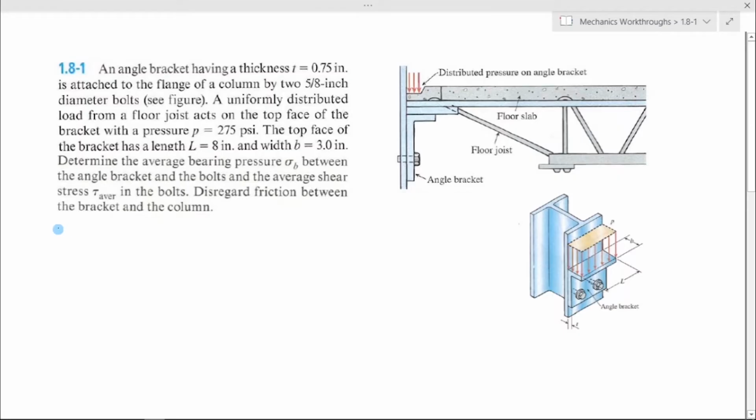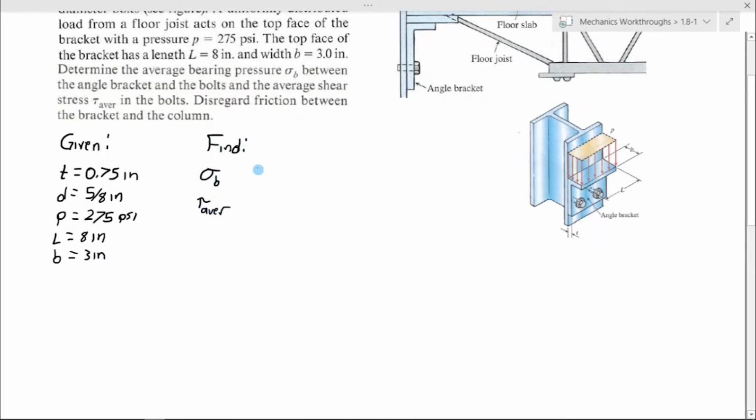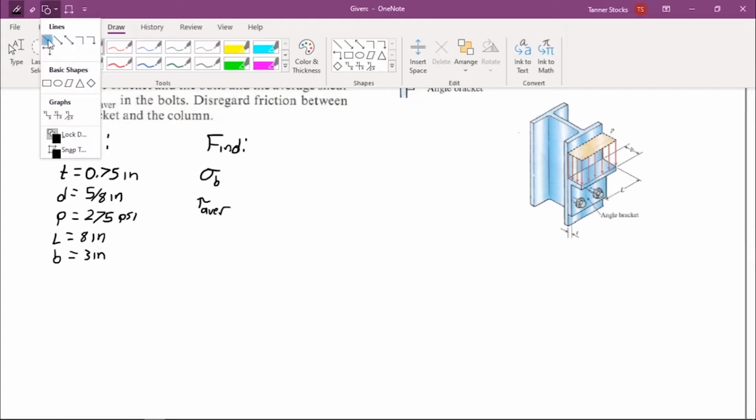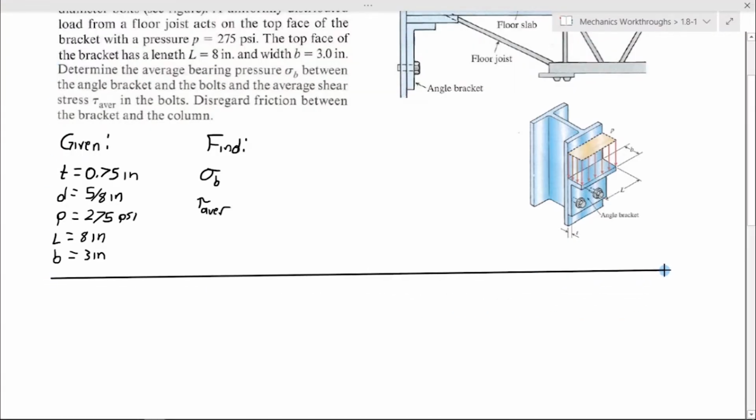So let's write down our givens and finds. And following our homework formatting, we draw a single line after we write our given and find.